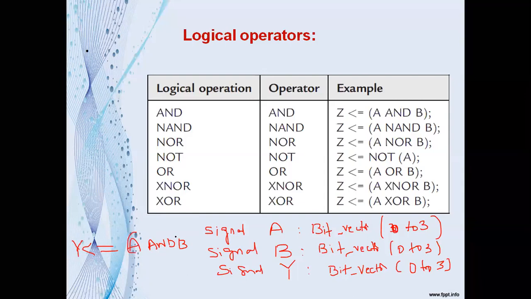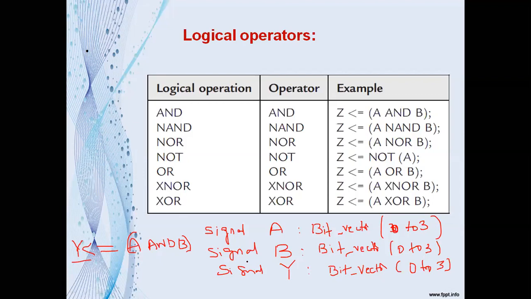So what does it mean here? A is a vector, B is a vector, and you are performing a logical AND between the two vectors, and the result of this logical operation is assigned to Y, and Y is again a vector. Hope you can understand this.